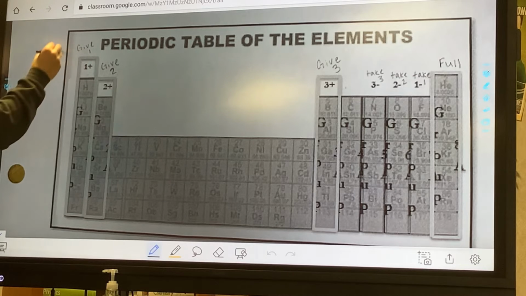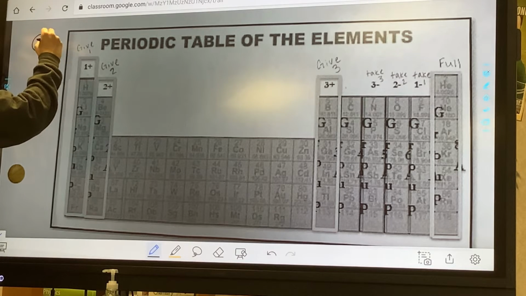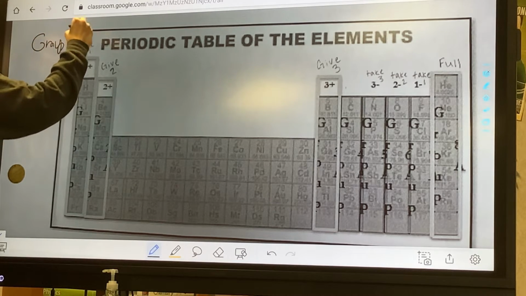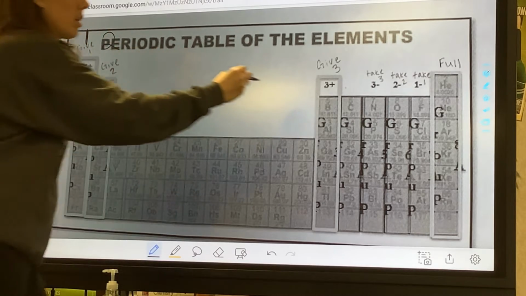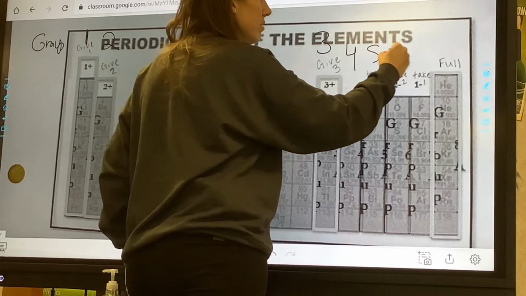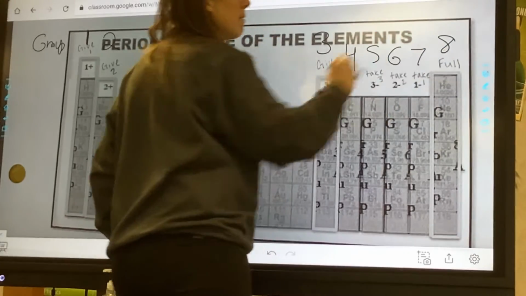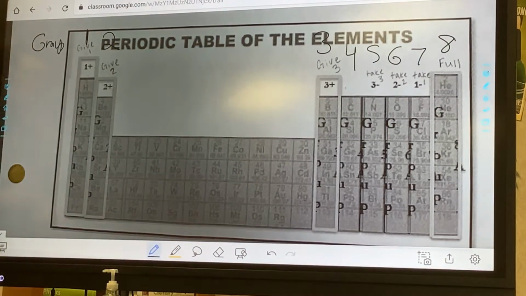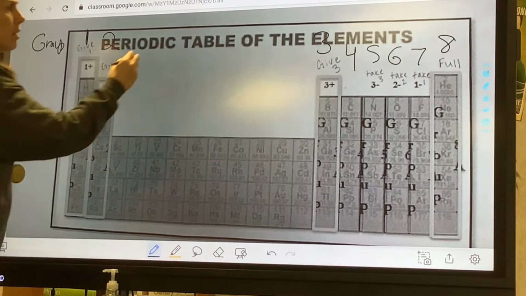The group numbers: this is a 1, this is a 2, this is a 3, this is a 4, this is a 5, 6, 7, 8. Okay. This tells us how many valence electrons there are. So, this whole group with one valence electron, this is only for ionic bonding.